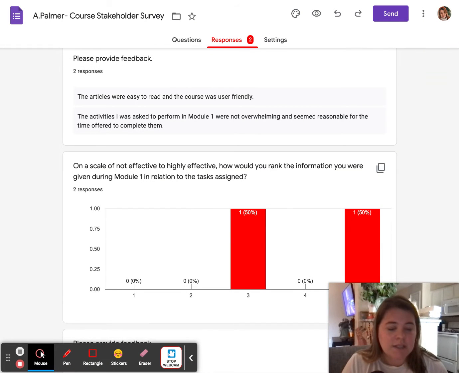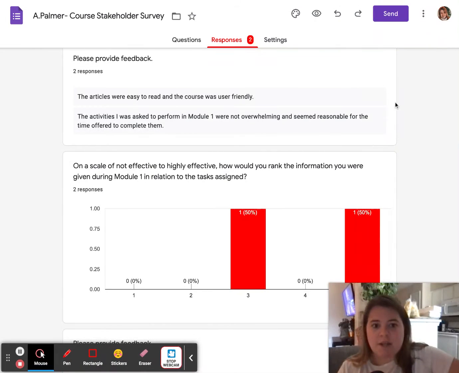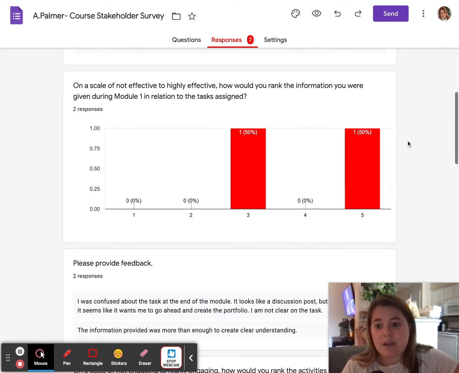And it makes it easier for me to see if this course will be accessible for all different types of teachers. I also had one of my peers who is a kindergarten teacher go through this course as well. And again, it's just different viewpoints. It increases my level of usability of that feedback.